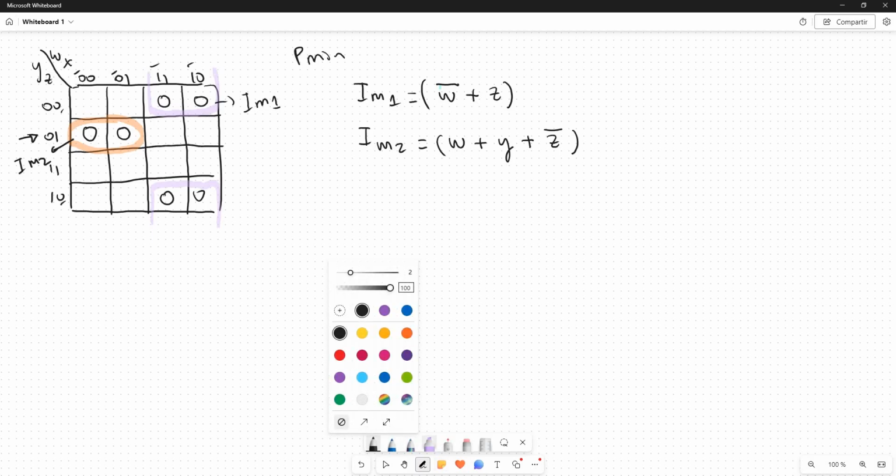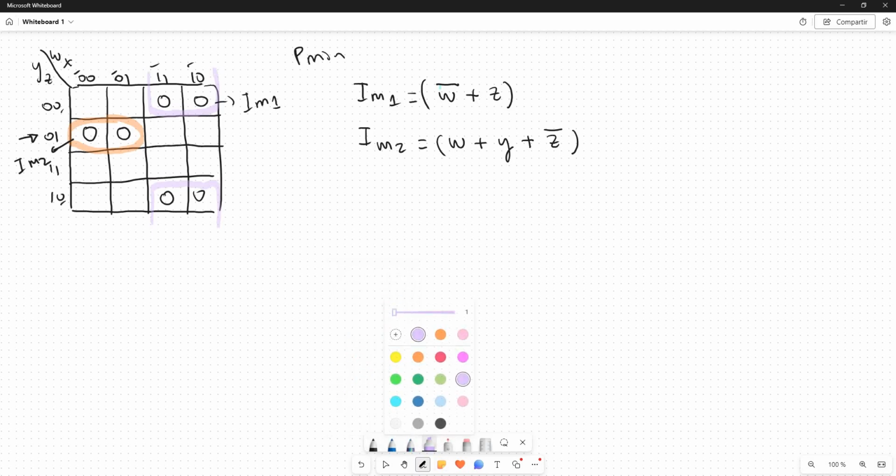Well, let's see. We are going to look for the distinguished cells. All of them are distinguished cells because all the zeros are only covered by one prime implicate. So both of them are not only prime implicates but essential prime implicates. So we have to include them in the minimal product.